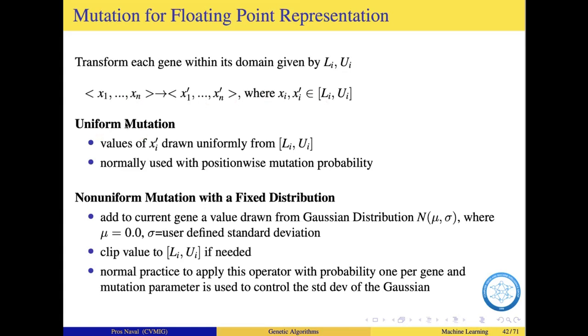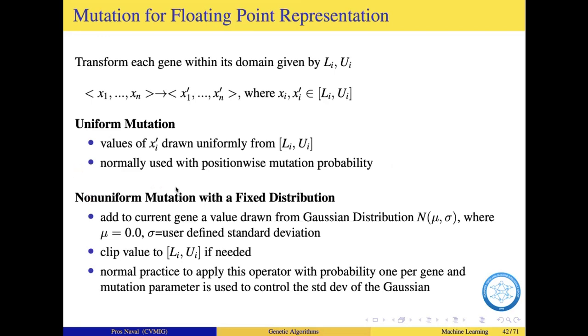Okay, so that transformation could be given by the uniform mutation, where the values of x prime sub i are drawn randomly from this range. And this is normally used with position-wise mutation probability.